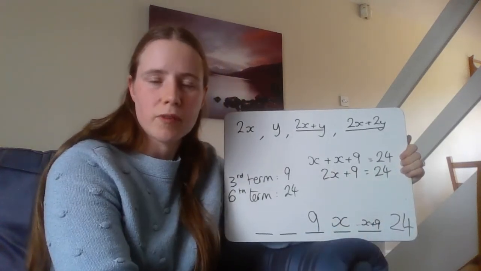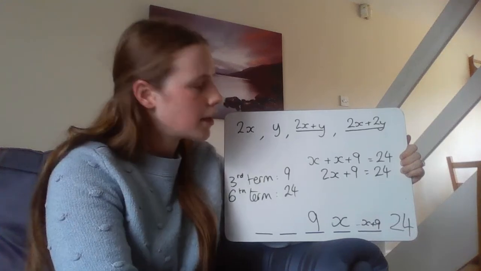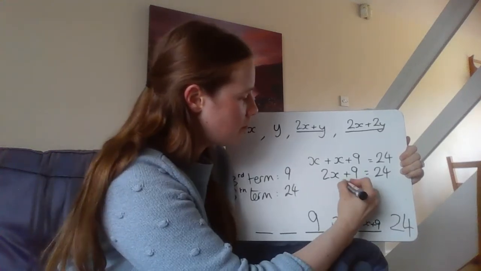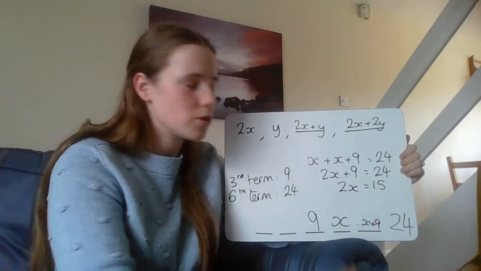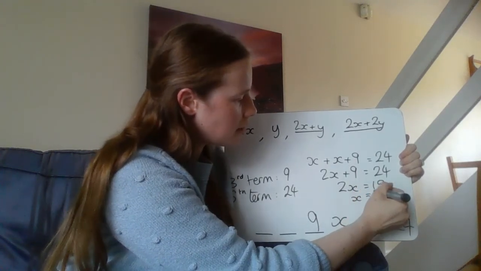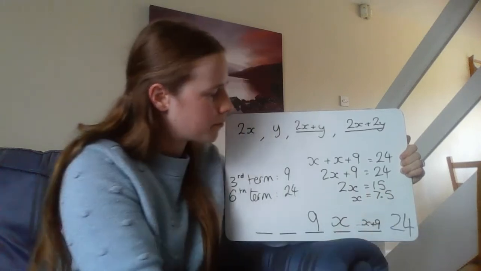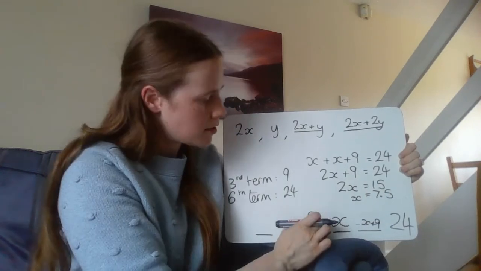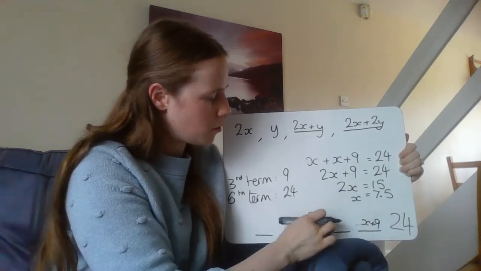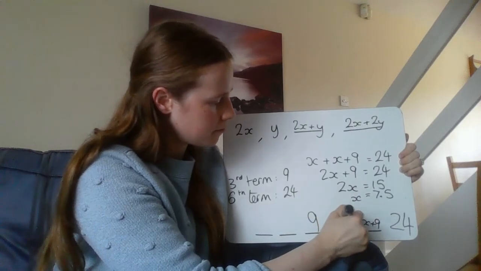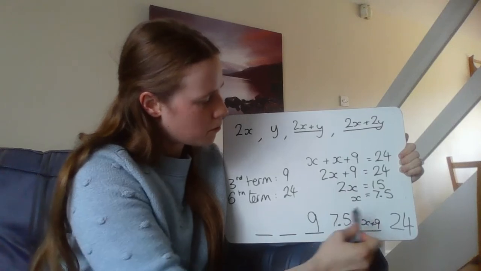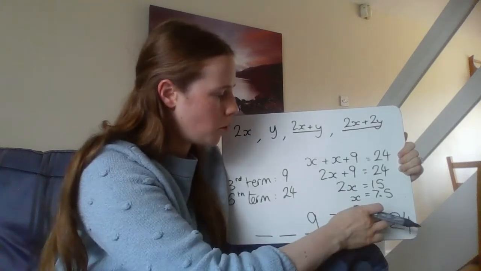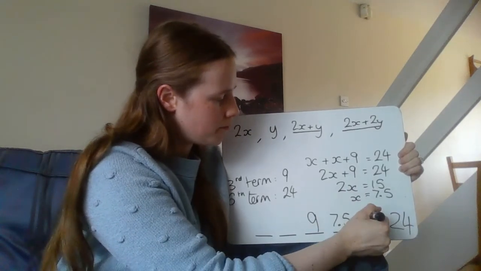And I'm going to solve to find out what x is. Take away 9 from both sides first of all. 2x is 15. Divide by 2. x comes out as 7.5. So that means that this number here has to be 7.5. And this number here is going to be 7.5 plus 9, or 16.5.